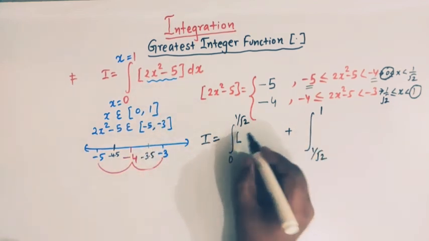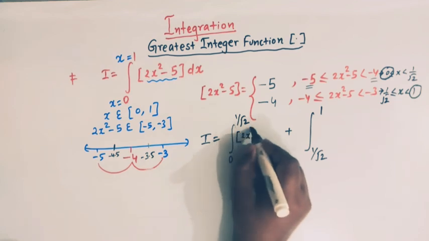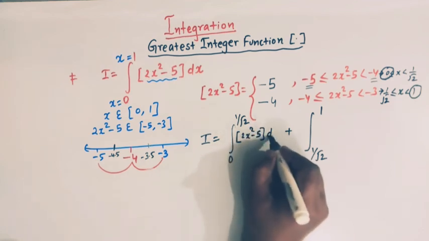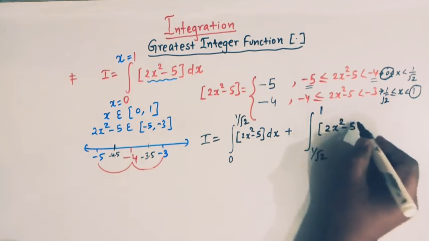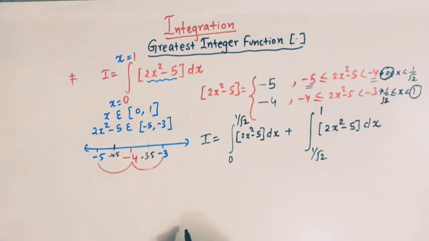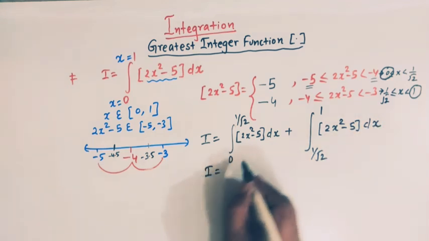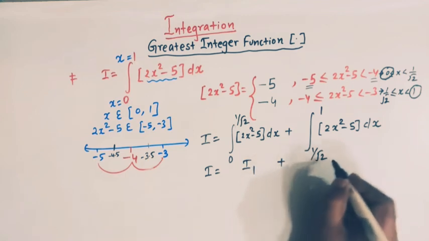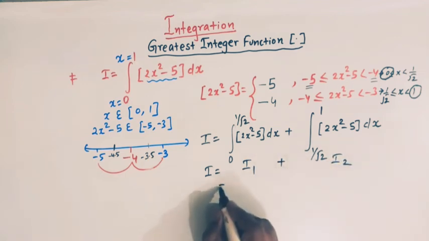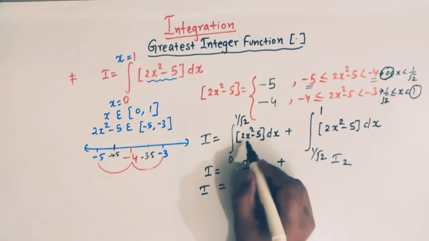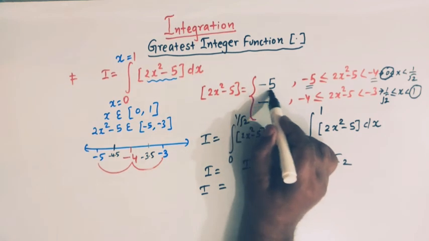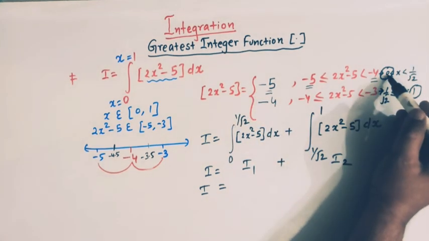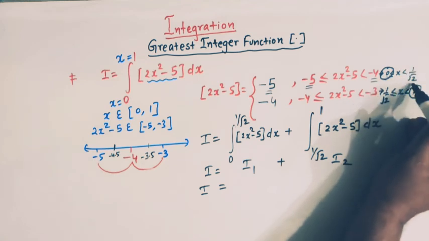So here we'll have greatest integer function 2x square minus 5 dx. Here also we'll have greatest integer function 2x square minus 5 dx. So we have these two integrals, let us say I1 and I2. Clear? So now the value of this greatest integer function 2x square minus 5 is minus 5 when x lies between 0 to 1 over square root of 2.